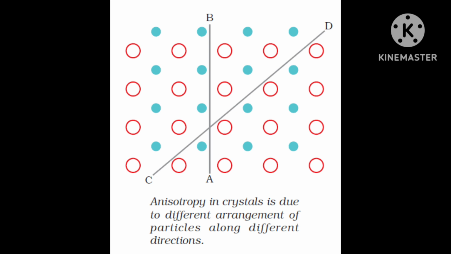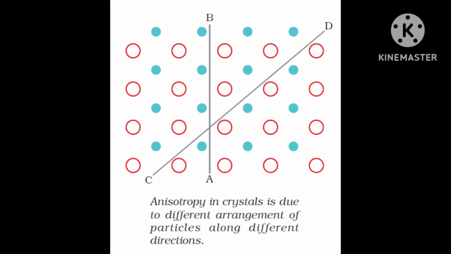Each point in a crystal lattice represents one constituent particle, which may be an atom, a molecule (a group of atoms), or an ion. These points may be atoms, molecules, or ions.